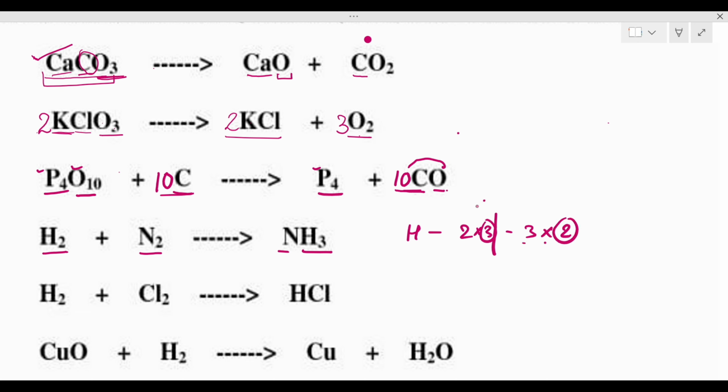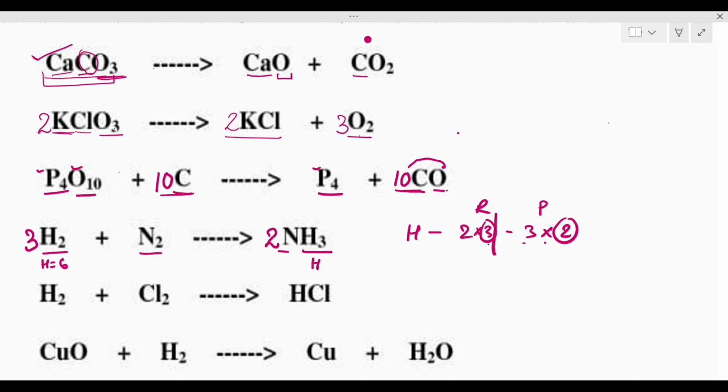So these multipliers have to be written in front of the element. We are multiplying 3 with the reactant side of hydrogen. That makes our hydrogen 6, 2 3s are 6. On the product side, again, there are 3 hydrogens, so I will simply multiply it by 2 and write the 2 in front of the whole compound.